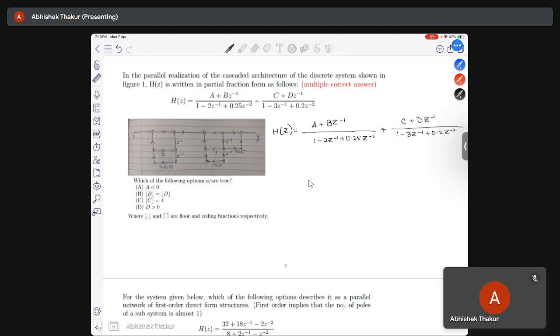Okay, so this is the transfer function given in terms of a sum. Now from this figure, what is the transfer function?